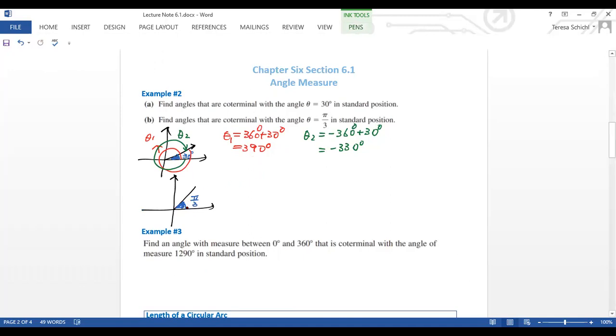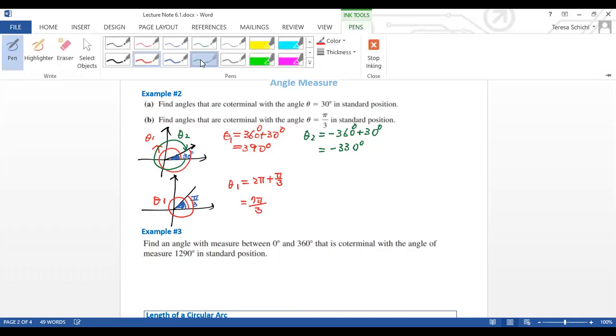As always, we can do the positive one: we go the whole circle and end here. This is theta 1. The whole circle is 2 pi, plus pi over 3, so it gives you 7 pi over 3.